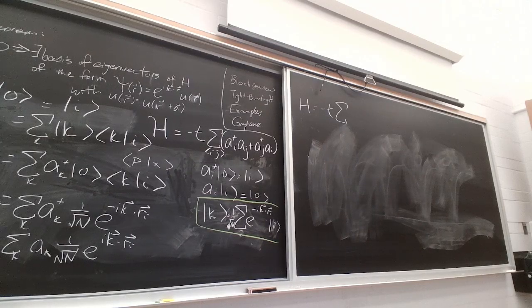Do you agree? So we wrote down a Hamiltonian which is translationally invariant, so it commutes with all the translations by a_i, where the a_i are the allowed lattice translations.